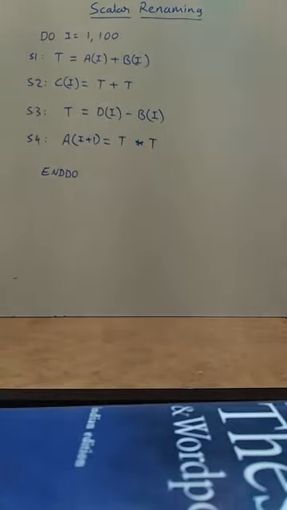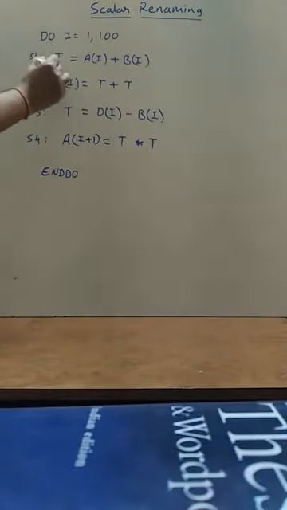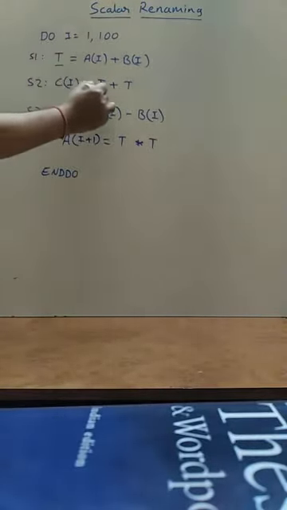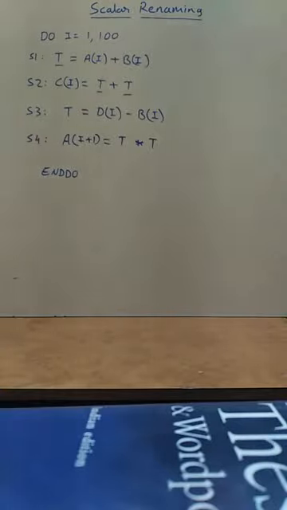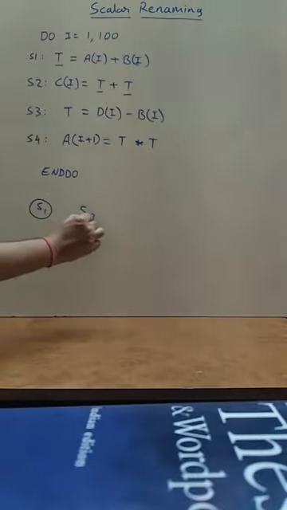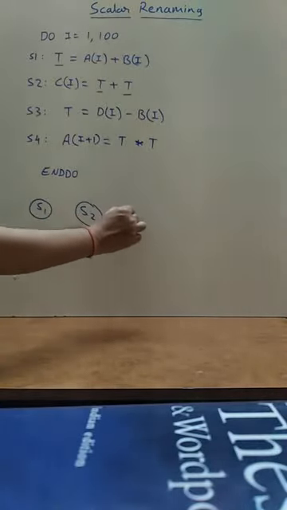So how many dependencies are there? You can clearly see that you have one true dependence, because scalar variable T is defined in S1 and in S2 it is used. That's why you have a loop independent true dependence from S1 to S2. So if I have to draw the dependence diagram, first I represent the statements by nodes.